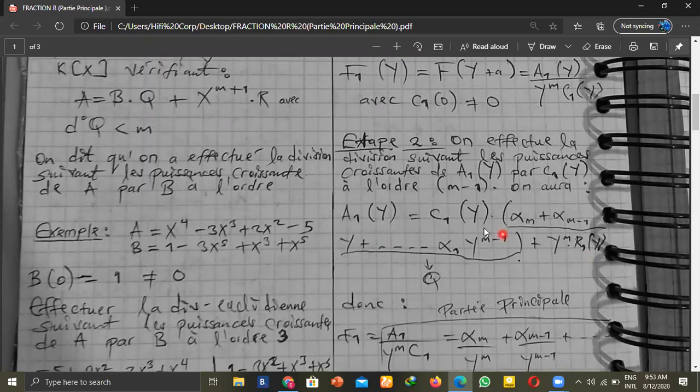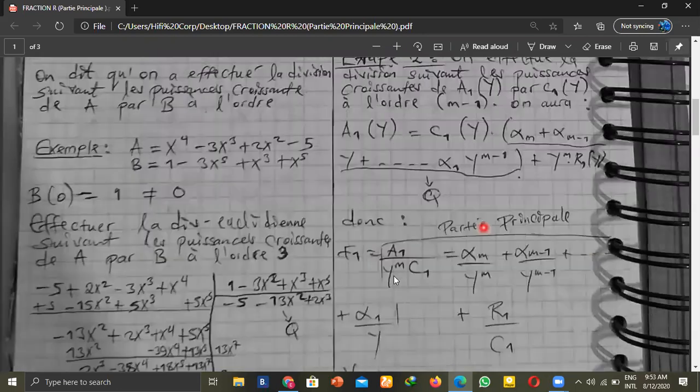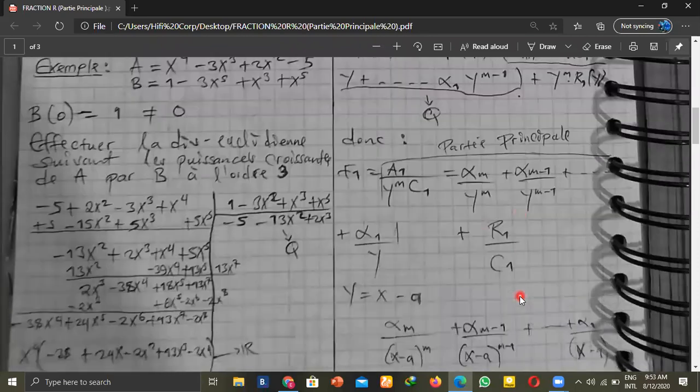Donc, la partie principale is this whole part here. This is where I said the partie principale, which we are finding, is this lambda m minus 1. What are written lambda 4, lambda 3, and even down here, our y m will be reducing. Our y m is x minus 1, which is just its equation de racine.